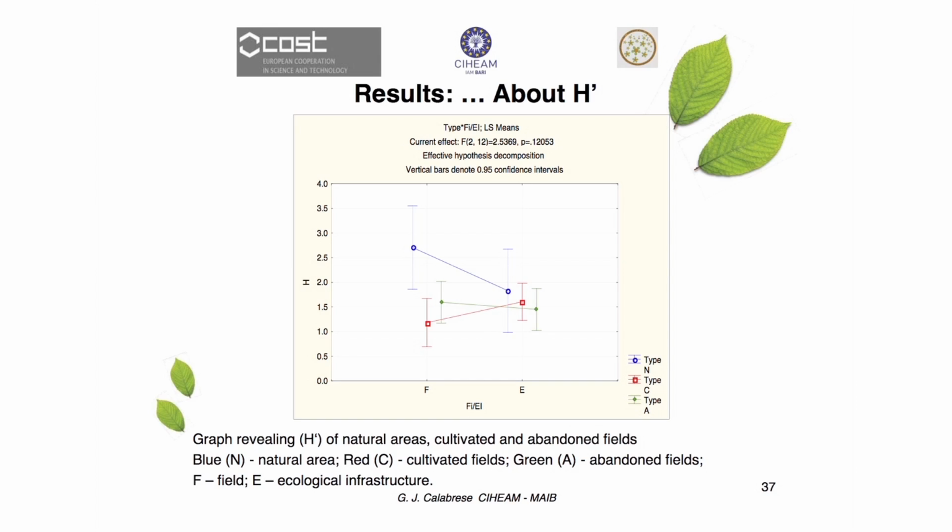The field margin has peculiar properties because it lies between two different kinds of soil cover or soil management, any kind of soil cover that you can identify, for instance, by Corine land cover. This field margin acts as an ecological infrastructure because of the value that ecotones have on the landscape.